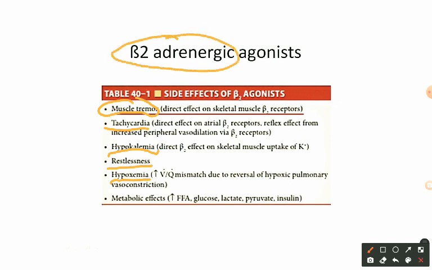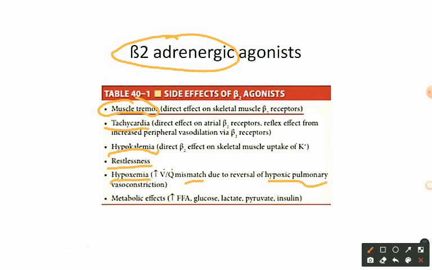There is reversal of the hypoxic pulmonary vasoconstriction. That's one of the criticisms of beta-2 adrenergic agonists, but somehow this is not always happening.